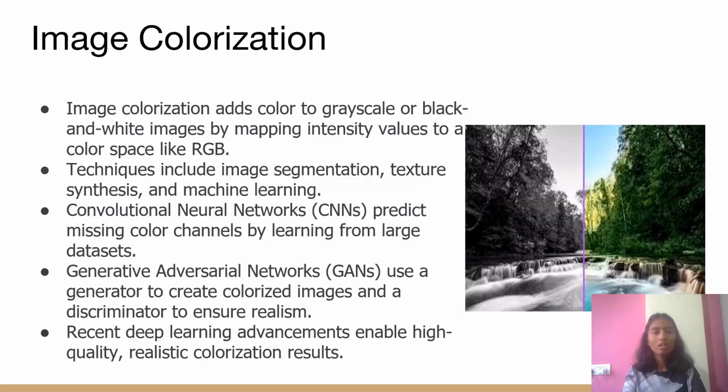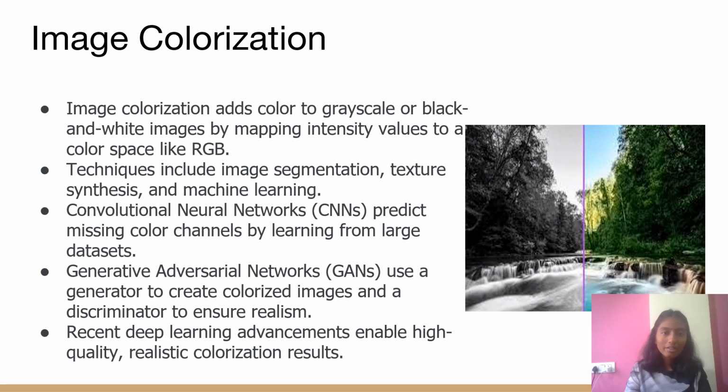Now coming to the basic idea regarding image colorization, it is the process of adding colors to grayscale or black and white images by mapping the intensity values to a color space. This technique transforms dull or hard to interpret images into visually appealing, meaningful representations, so that they are understood easily.